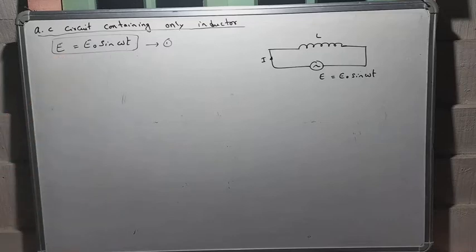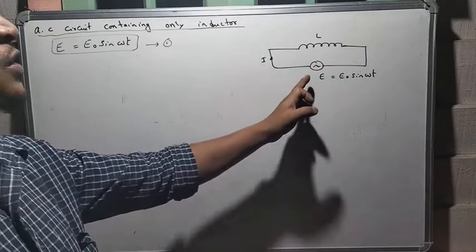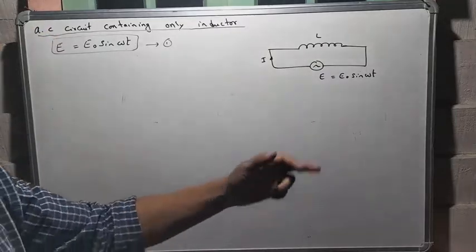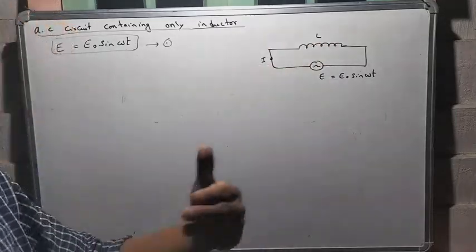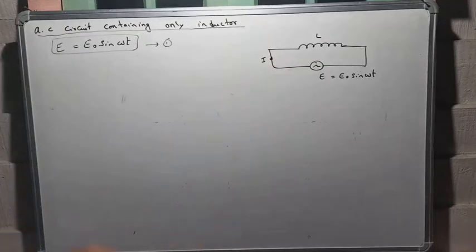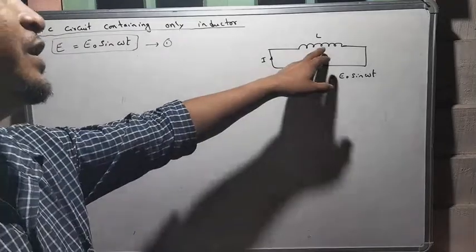Alright, so if you remember in electromagnetic induction, because of this changing current, or I can say a varying current, passing through the inductor, the magnetic flux that is linking with the inductor will change. That changing magnetic flux will set up an induced EMF in the coil.